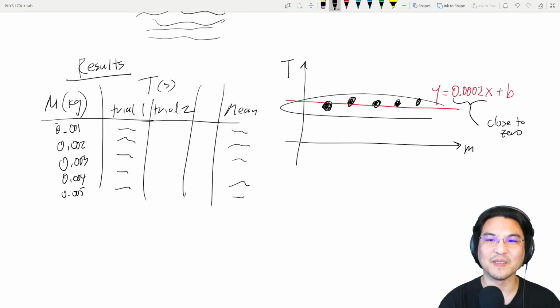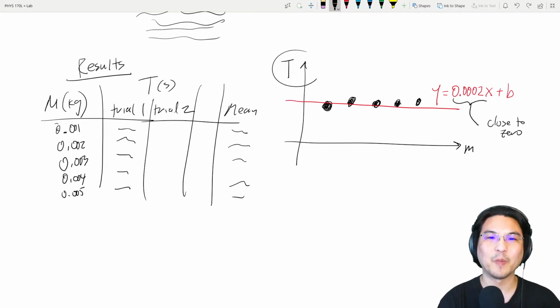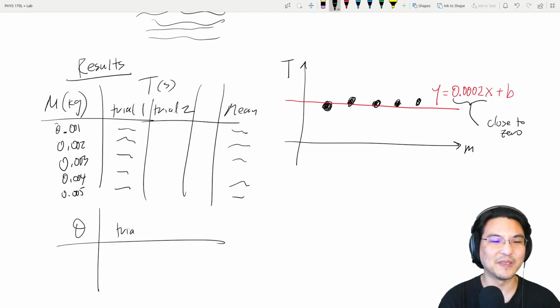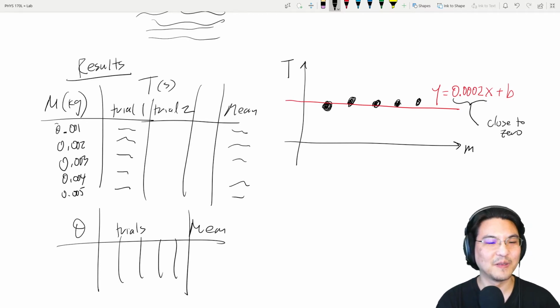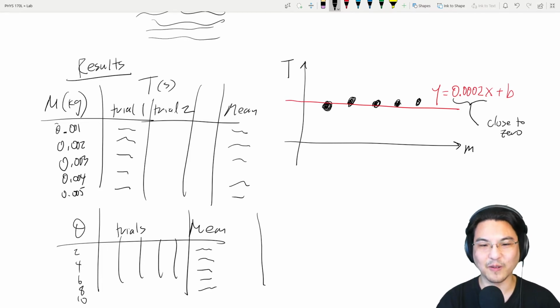So that you're saying it's horizontal, which means the period is independent of the mass. Right, and then you do the same for the angle, and you have different trials, and then the mean is for your different angles, then the mean values of those angles, and then you draw a plot.